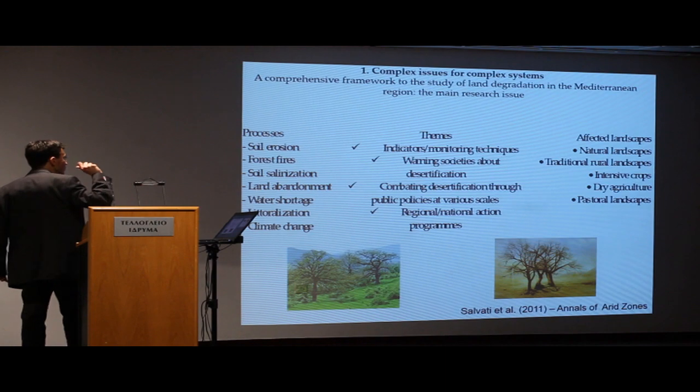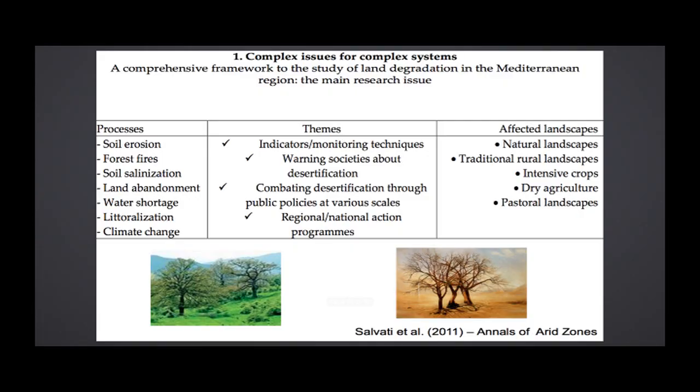I want to introduce another complex framework just to finalize what I want to communicate. Usually I prefer to use three different issues to have a summary of the different processes of land degradation in the Mediterranean. On the left you can find processes: soil erosion, forest fires, soil salinization, land abandonment, and so on.